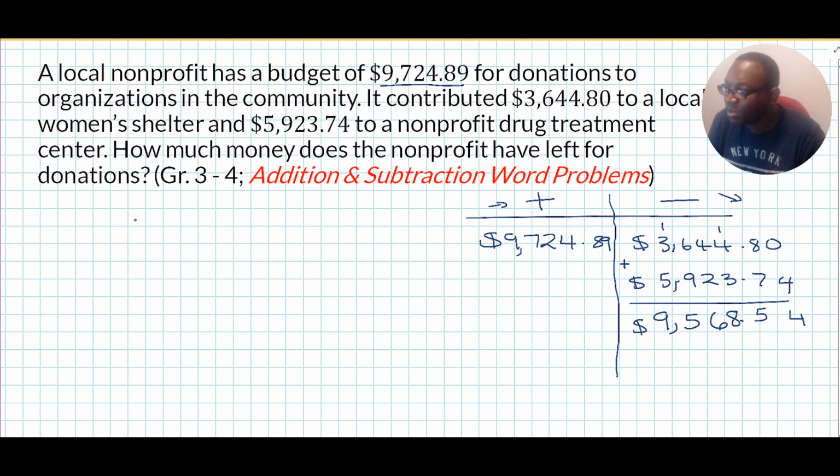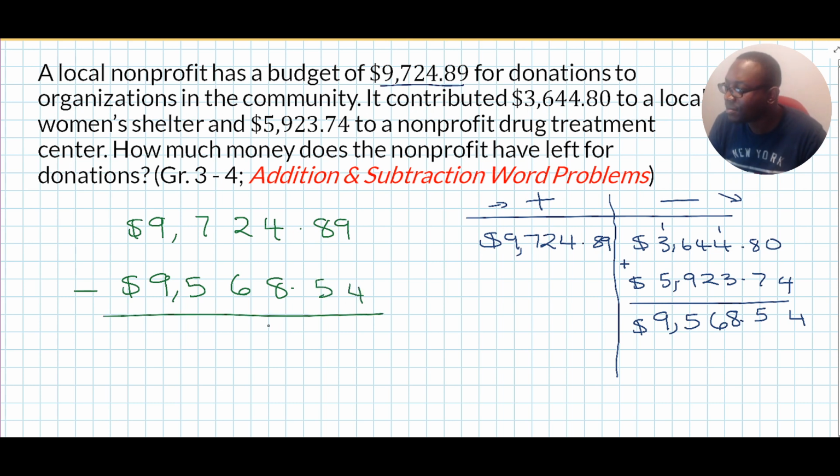So this is going to give us $9,724.89 minus the amount that we gave away, $9,568.54. All right.